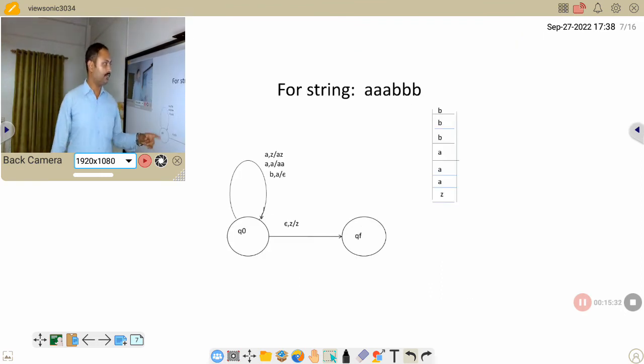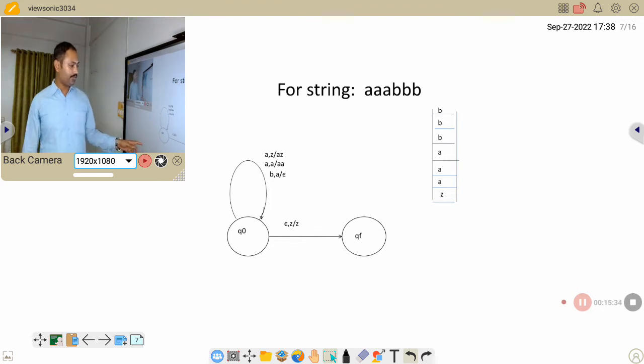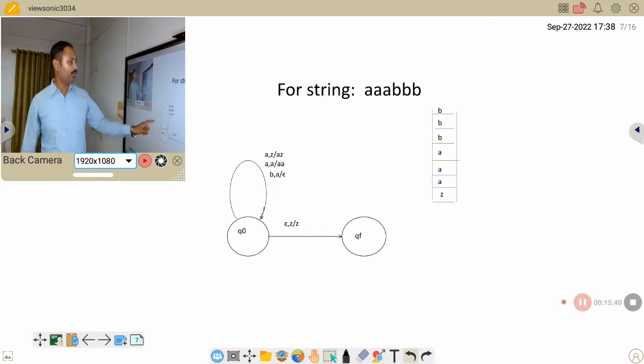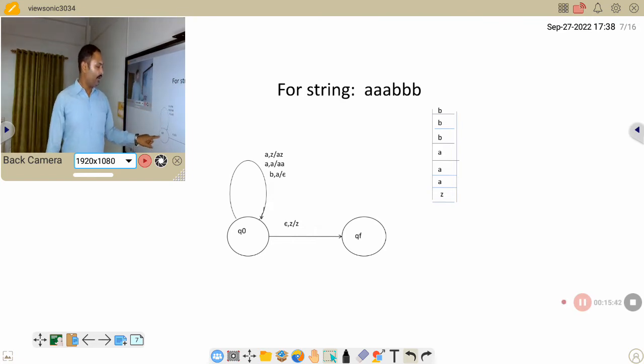So this is the transition diagram. Here our input is 3 times A, 3 times B. At first we are starting from here, this is our initial state, and at first the stack is empty. So we are going to input a symbol Z over there.